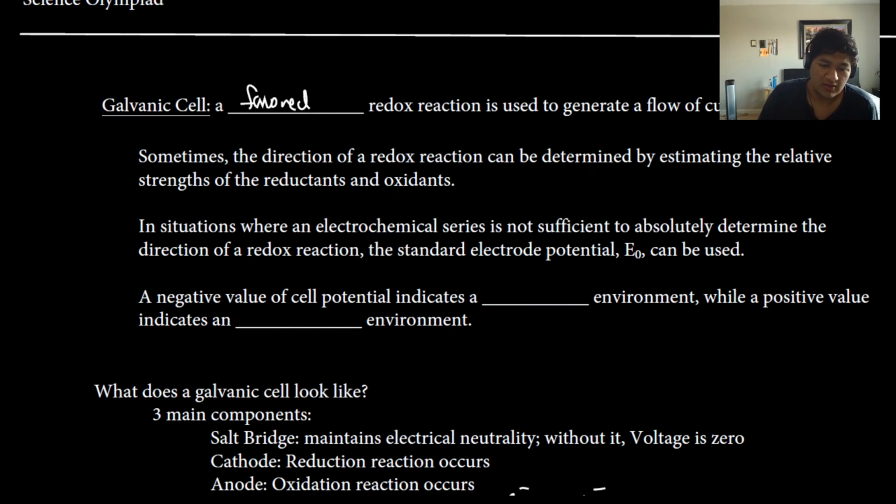And so E cell, I'll just write it down below.